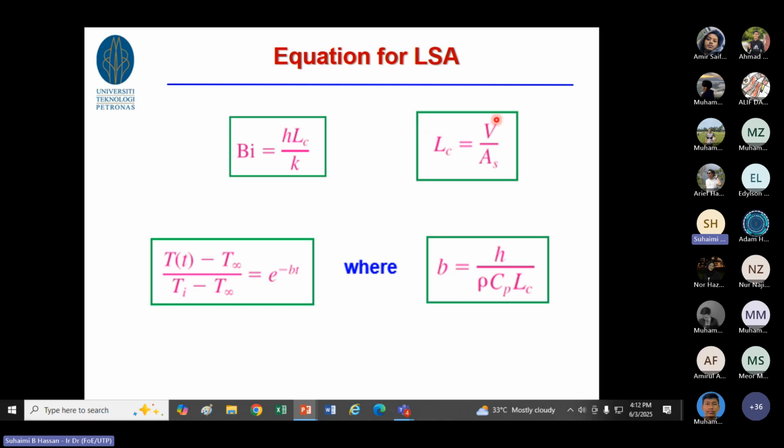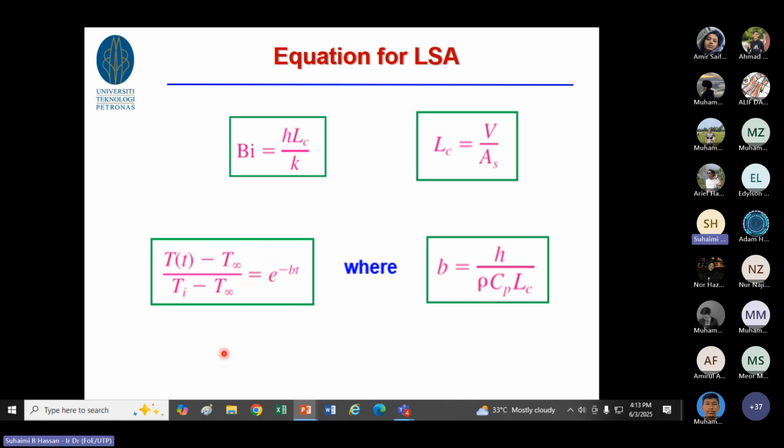Okay, done. This is the more important equation for lumped system analysis. We have capital T, the temperature at time small t, minus the temperature of ambient, over the initial temperature Ti minus the temperature of ambient.